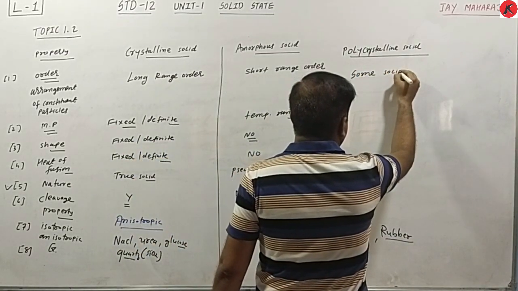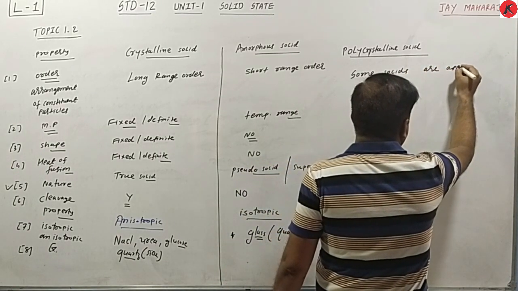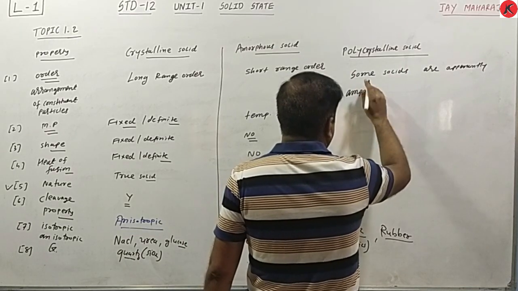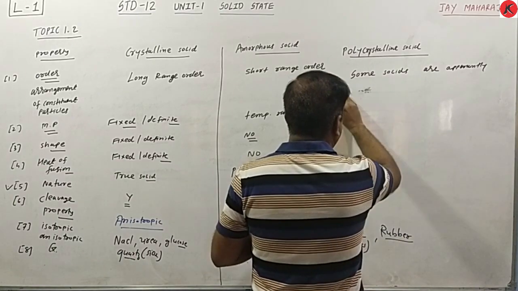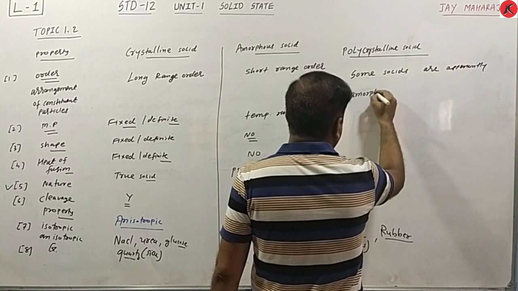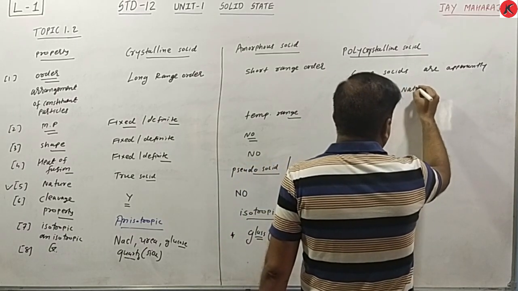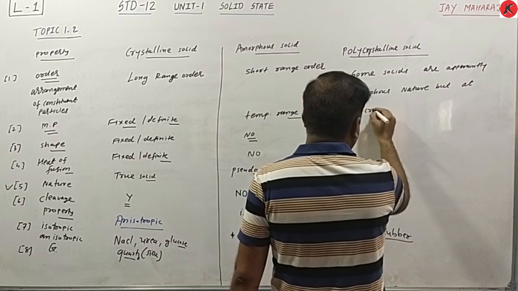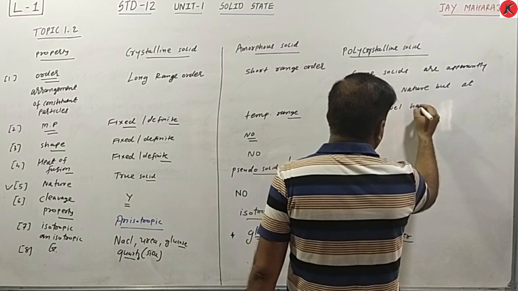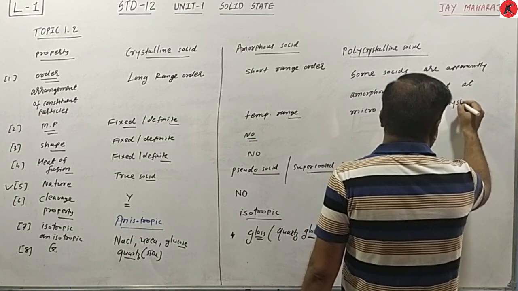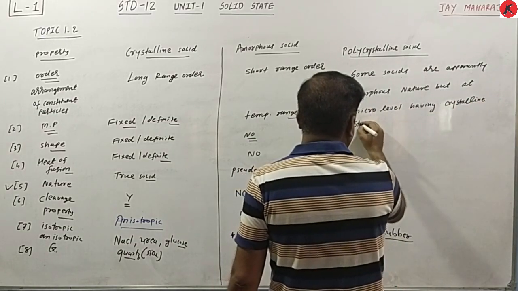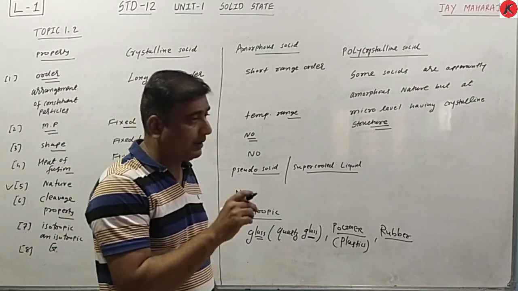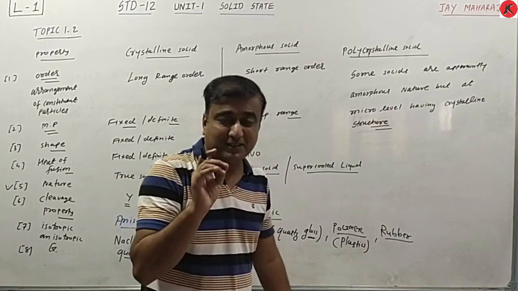Some solids are apparently amorphous in nature, but at micro level, suppose at micro level we are studying, they possess a crystalline structure.